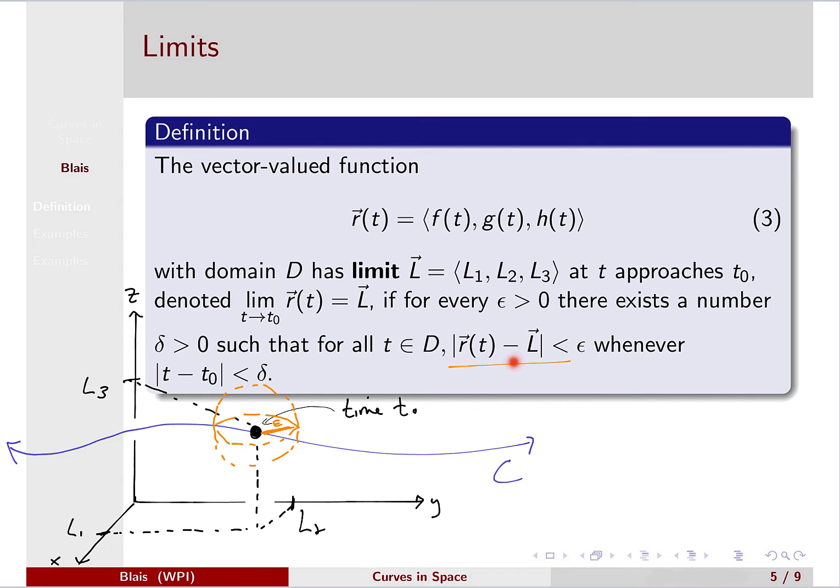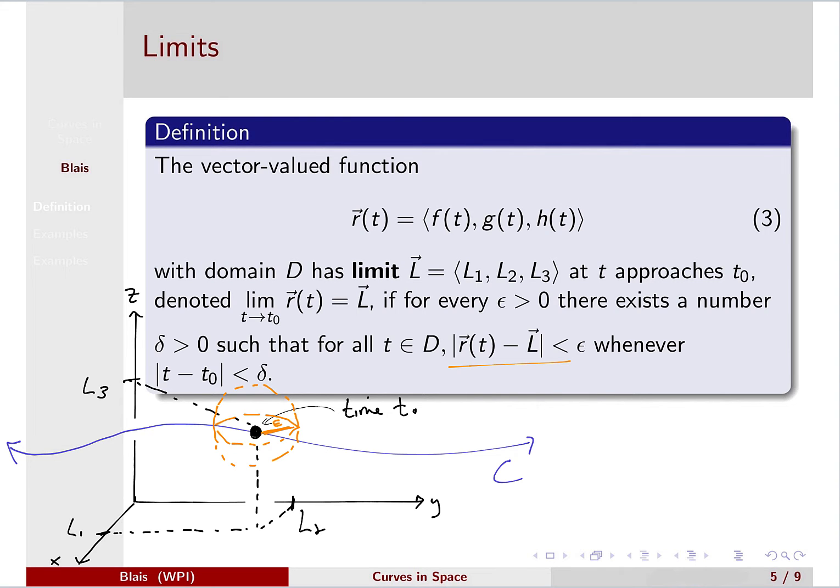And this is telling us that this limit, as t goes to t naught of r of t, equals L if for every epsilon greater than 0, so for every sphere that you can put around this point L, we need only choose t minus t naught in absolute value to be smaller than delta.